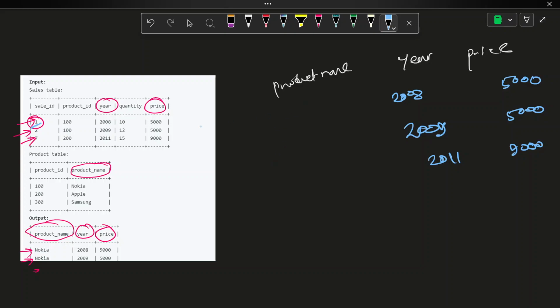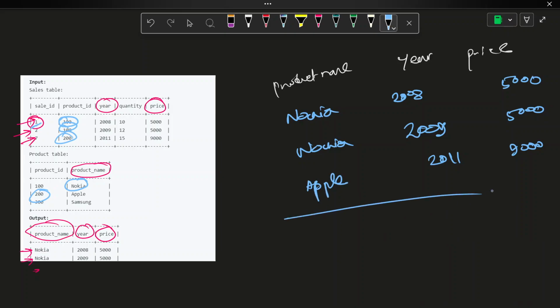And then what is the product name? How will we get that? Product ID will represent the product name. Product ID here is 100, and 100 means Nokia, so it will print Nokia. Similarly this is also 100, so this will also print Nokia. Here the product ID is 200, and 200 means Apple. So this will be our output, right?